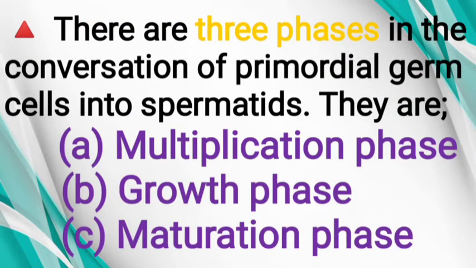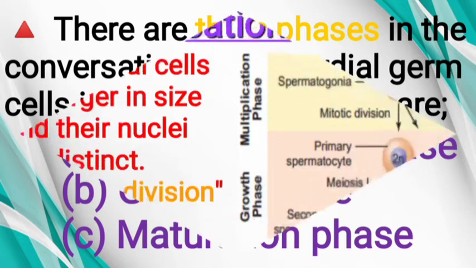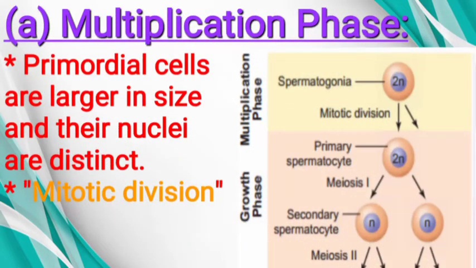There are three phases in the conversion of primordial germ cells into spermatids: the multiplication phase, growth phase and maturation phase. These three are very important in this concept. Now we see them one by one.